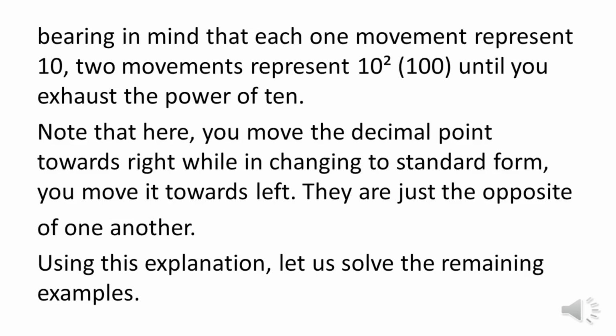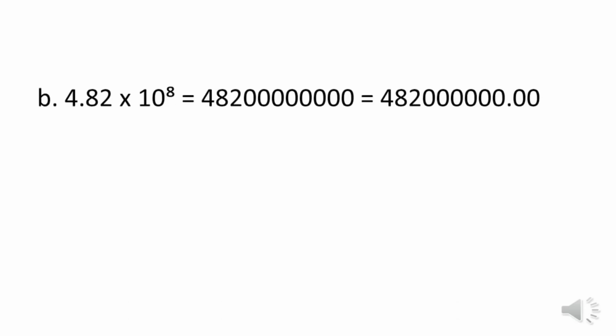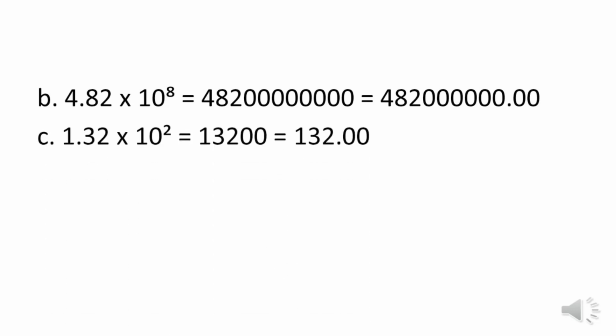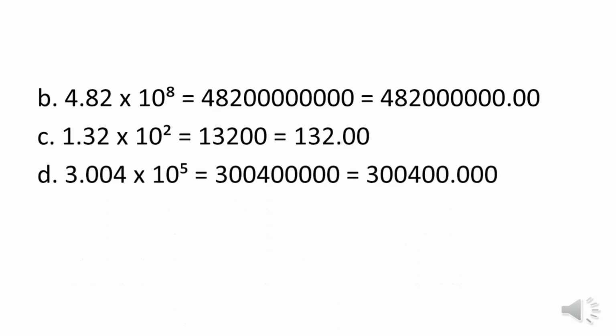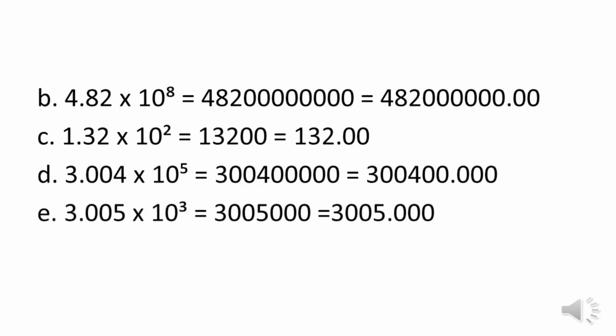Using this explanation, let us solve the remaining. B. 4.82 times 10 raised to power 8 equals 482,000,000 equals 482 million. C. 1.32 times 10 raised to power 2 equals 132.00 equals 132.